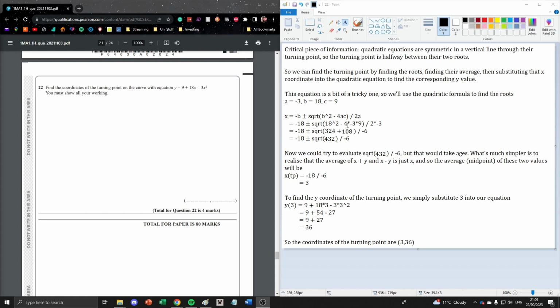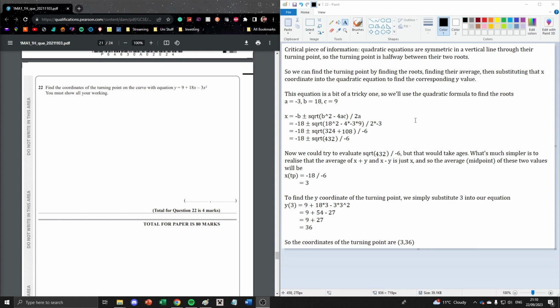And then 4 times minus 3 would give us minus 12, times 9 gives us positive 108 because there's another minus sign here, all divided by minus 6 still. So now we're left with minus 18 plus or minus the square root of 432 divided by minus 6.